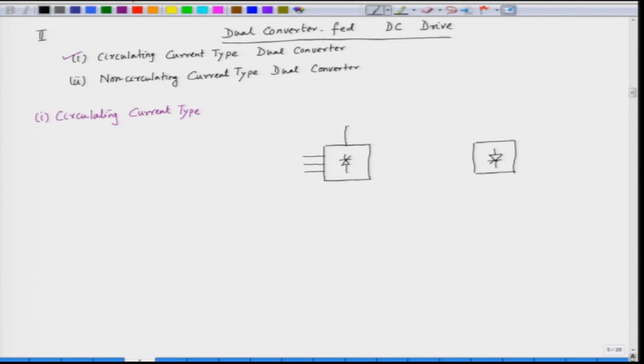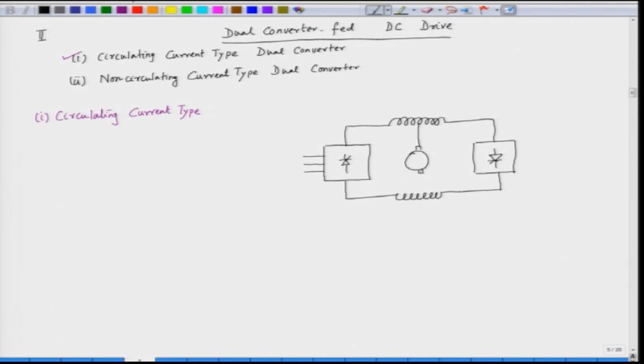They are connected through an intergroup reactor, and the armature is fed from the center tap.